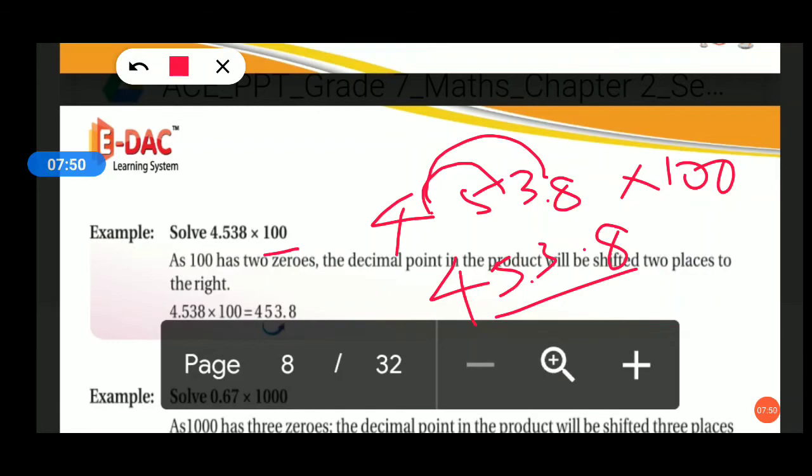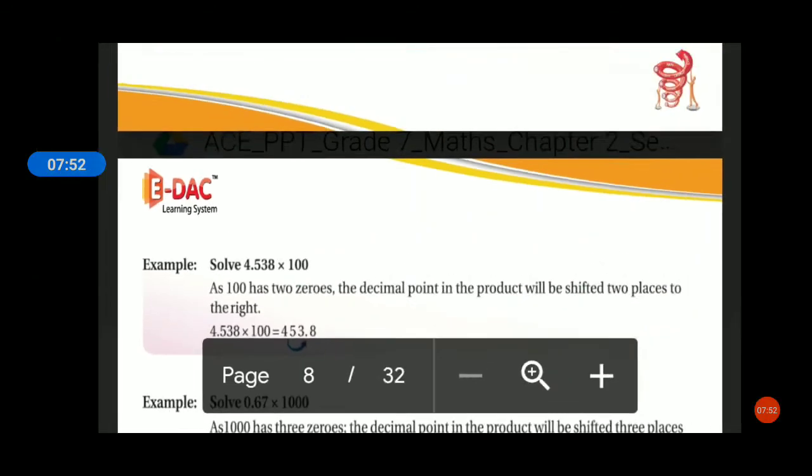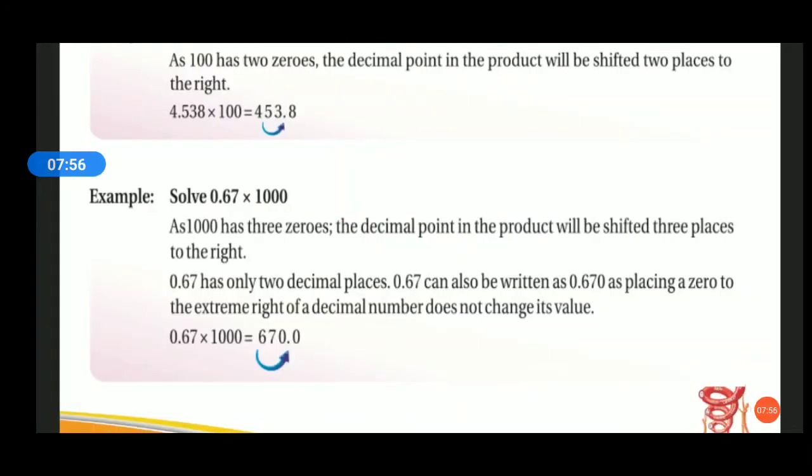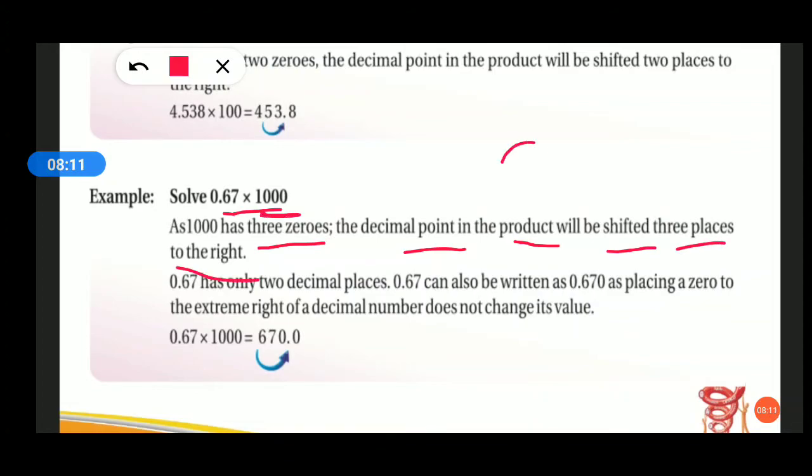Now we will see the next example, multiplying with 1000. See here, 0.67 into 1000. As 1000 has 3 zeros, the decimal point in the product will be shifted 3 places to the right.